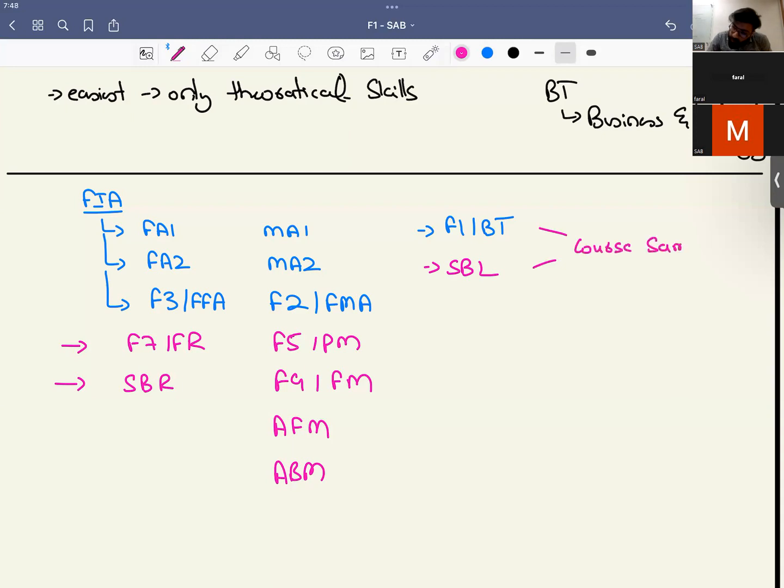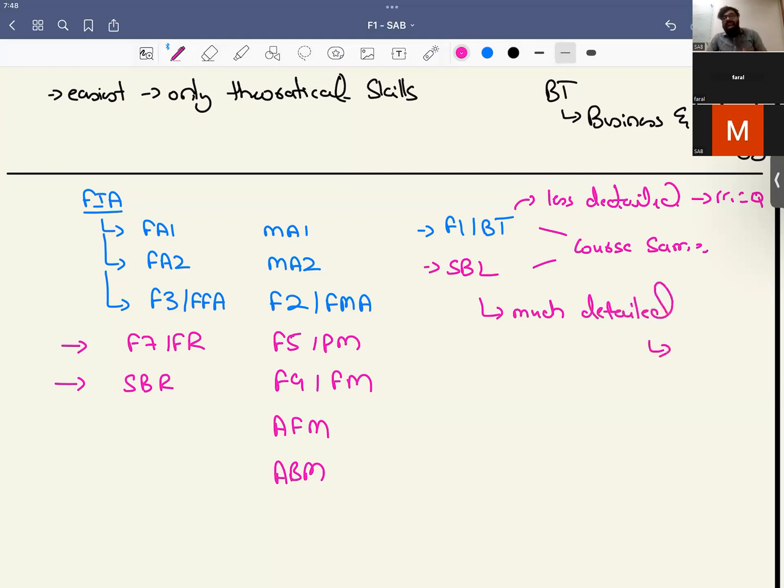So what's the difference in these two exams? This is less detailed, and this is MCQ, whereas SBL is much more detailed, and it's not MCQ. It's a descriptive paper in which you have to describe the scenario, right?